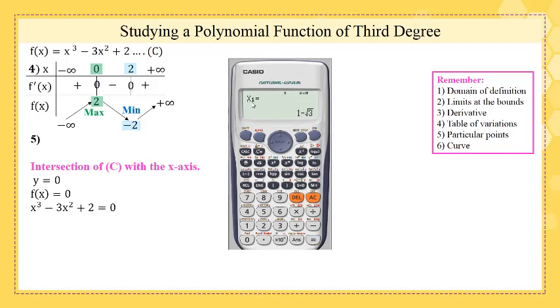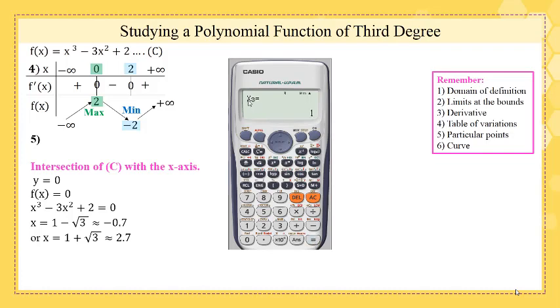x1 is the first root, which equals 1 minus radical 3, which approximately equals minus 0.7. If we press equal, we get the second root, denoted by x2, which equals 1 plus radical 3, which approximately equals 2.7. Again, if we press equal, what will we get?